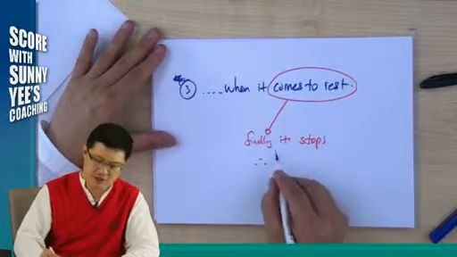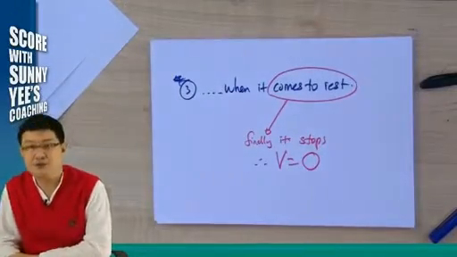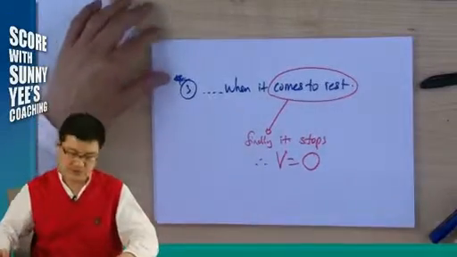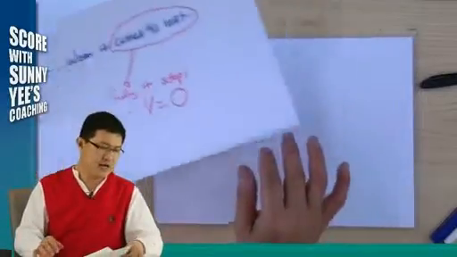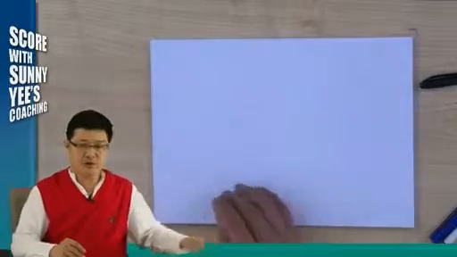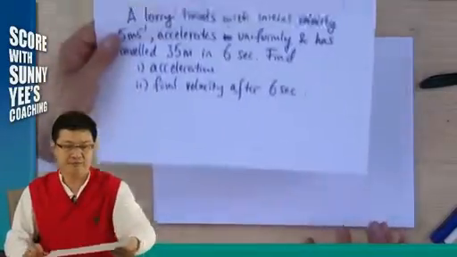When finally it stops, it means the final velocity is 0. Can you follow? The final velocity is 0. So with all this, we will now be able to solve one question or a few questions here. Let's look at one example.